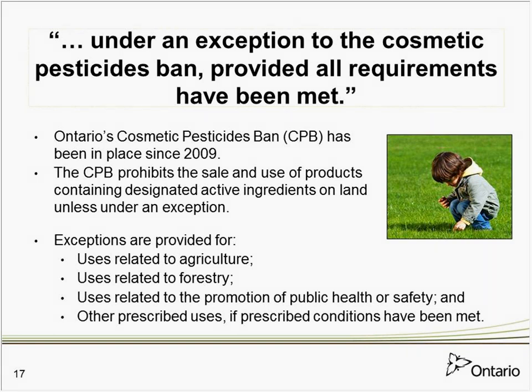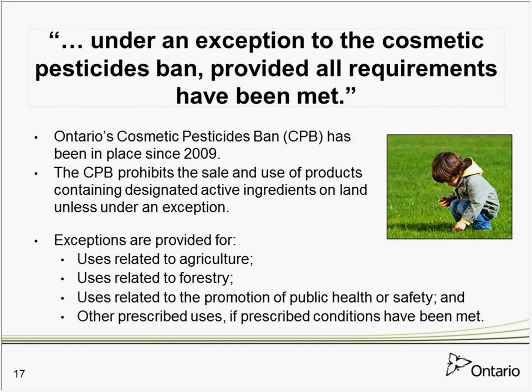There are a number of exceptions, which would be essentially non-cosmetic uses. Some of them are listed here. There'd also be, say, arboriculture for trees, and golf courses, which have a number of restrictions and conditions for integrated pest management, annual reports and so on.